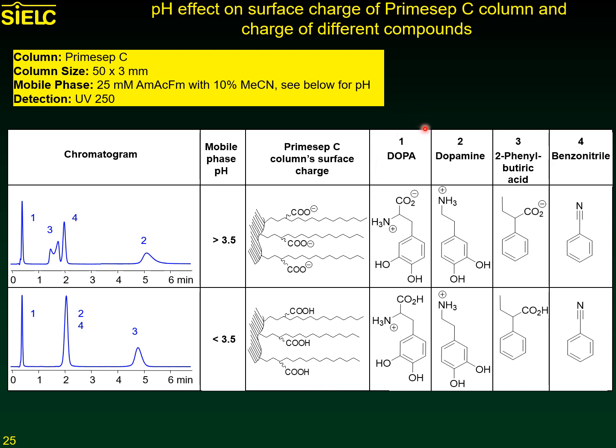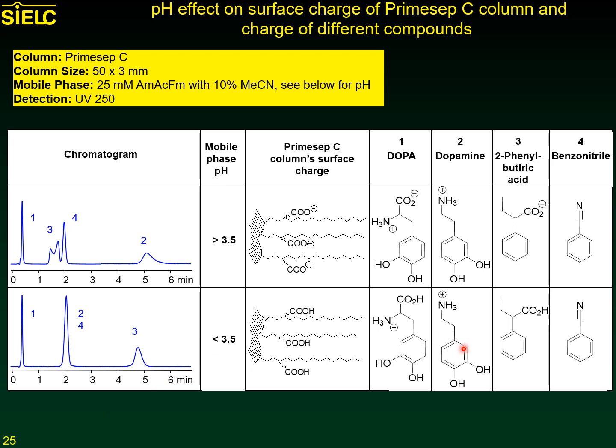The ionization of the four analytes is also different under these pH conditions. DOPA is now protonated and it is just in its ammonium ion form. Dopamine is still in its ammonium ion form. And the phenylbutyric acid is now protonated and is a neutral polar compound, as benzonitrile is as well.